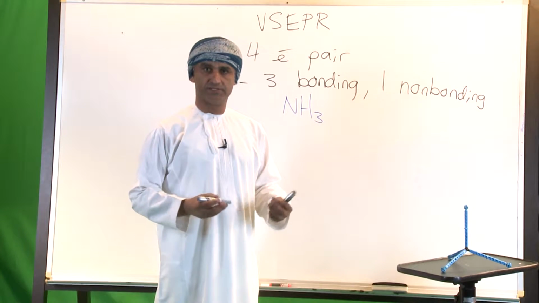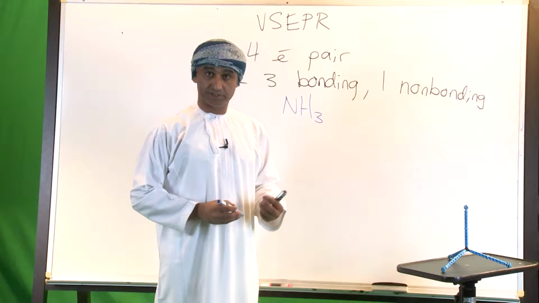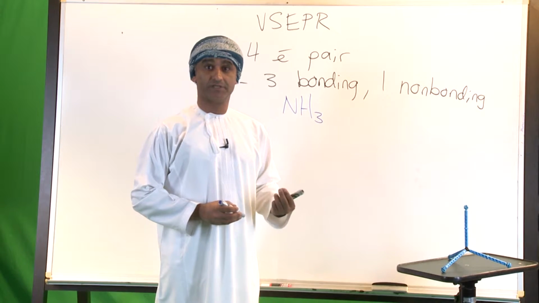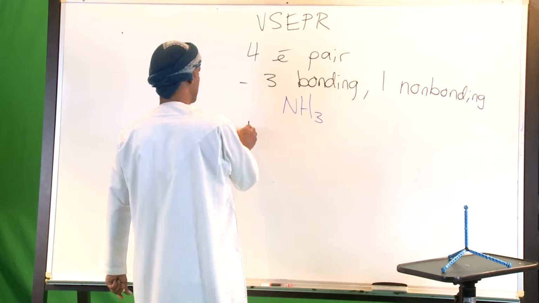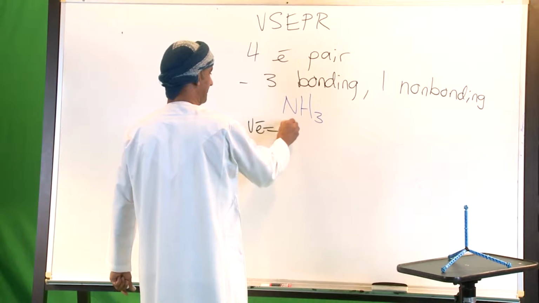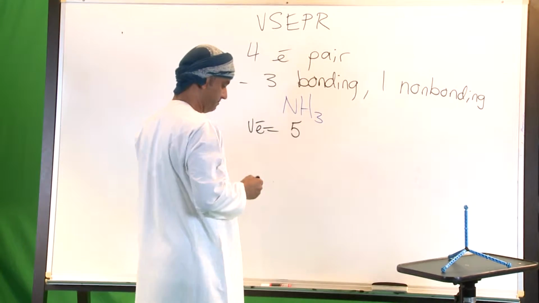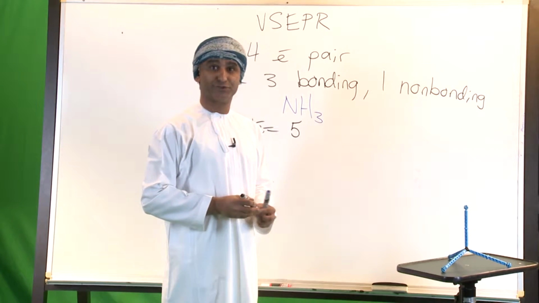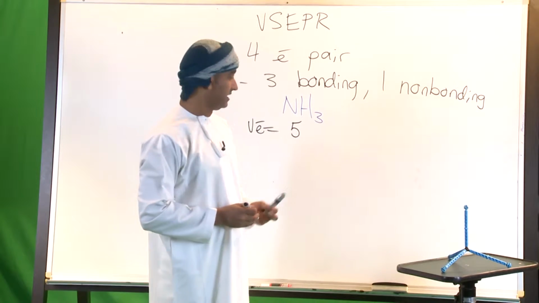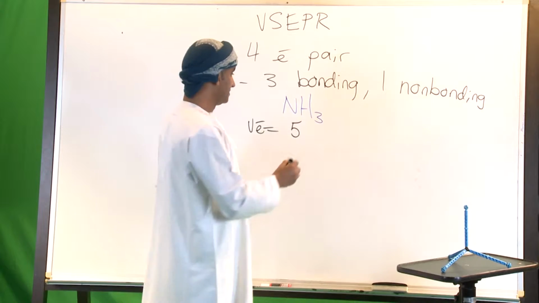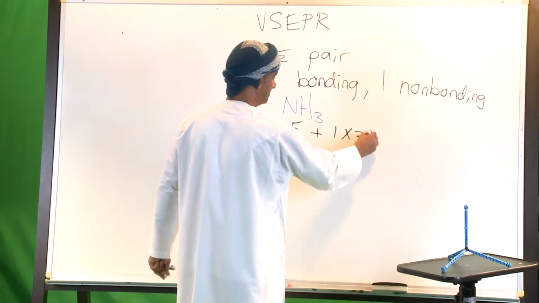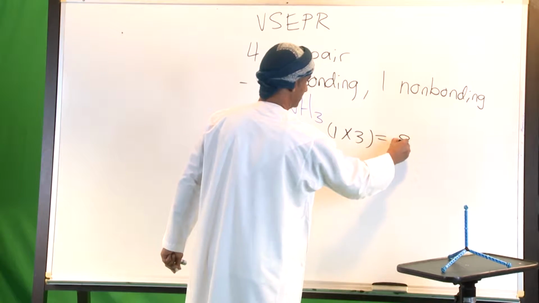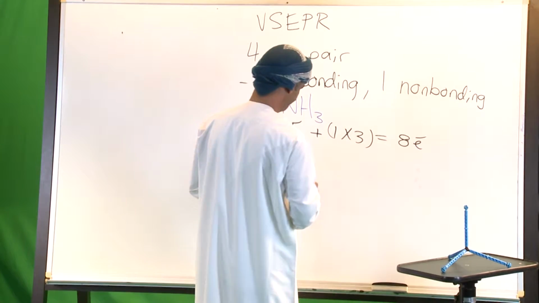And again, in order to draw a possible Lewis structure, we need first to calculate the total number of valence electrons. And the total number of valence electrons would be 5 from nitrogen. Remember, nitrogen is located in group 5A, so 5 valence electrons, plus 1 from each of these hydrogen atoms, so the total will be 8 electrons.